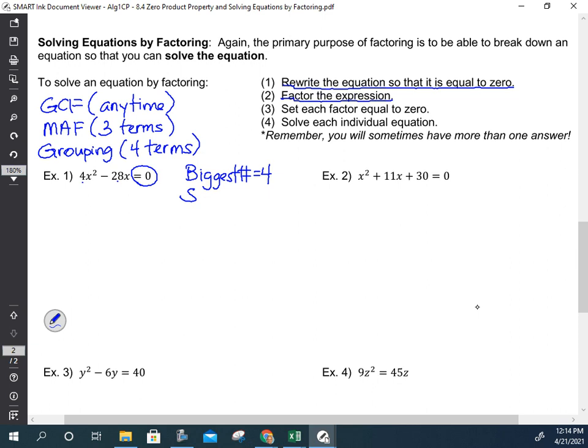Do they have the same variable? Yes. We just need to know, do they have the same variable? They don't have to have the same exponents. They just have to have the same variables. So your greatest common factor, 4 times x, 4x.